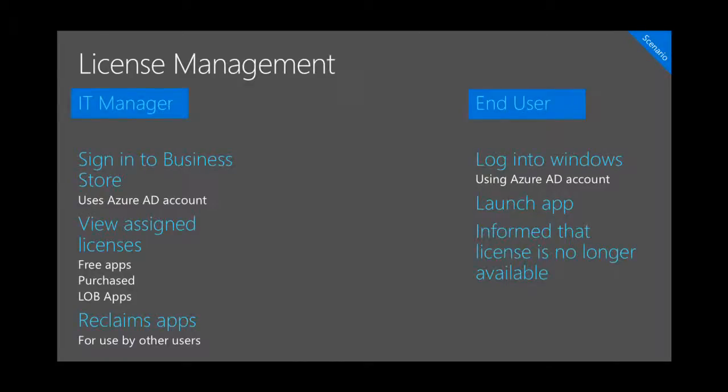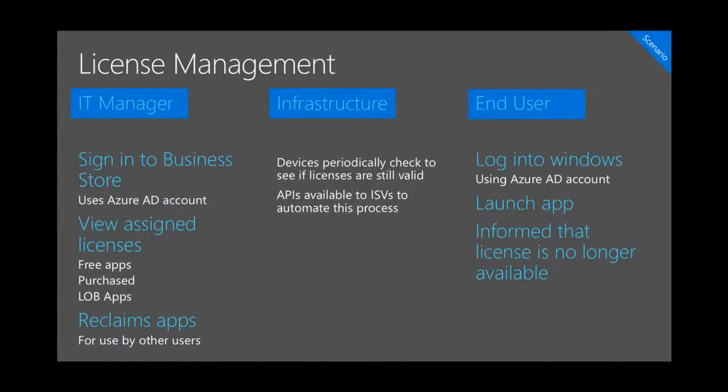And for license management, again, you are going in the store, right, with the user ID. You have purchased app, licensed app, or free apps, LOB apps, and you will also be able to reclaim apps from a user. If you unenroll the user from your environment, or the user leaves the organization and you allow them to unenroll themselves, you'll see that the license becomes available again.